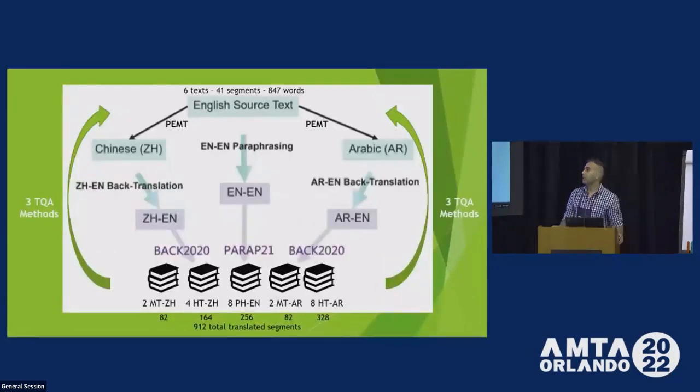So to do so, our data included six source texts taken from the multiLing database available on the Center for Research and Innovation in Translation and Translation Technology, CRITT database. And these source texts, which sum up to 847 words and 41 segments, were translated into the pivot languages Chinese and Arabic.